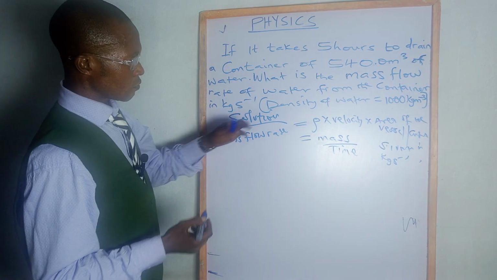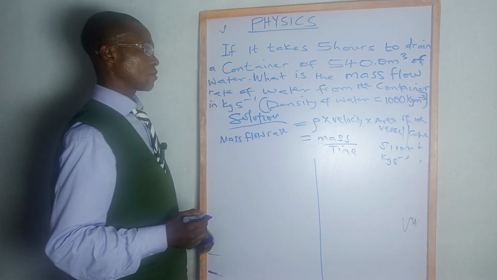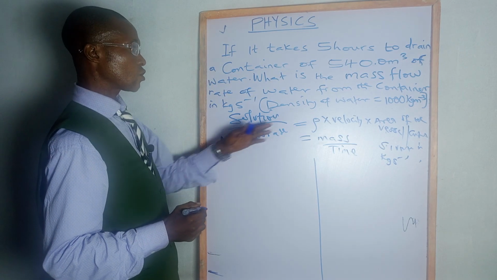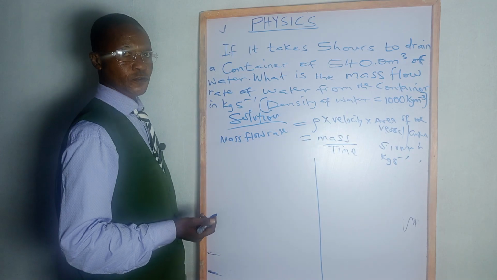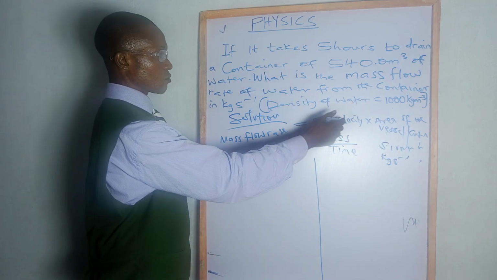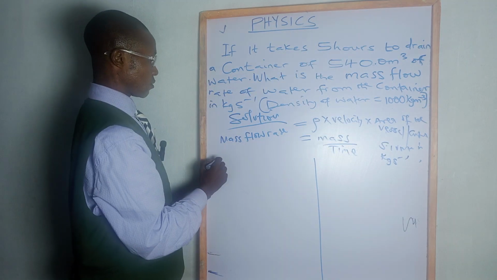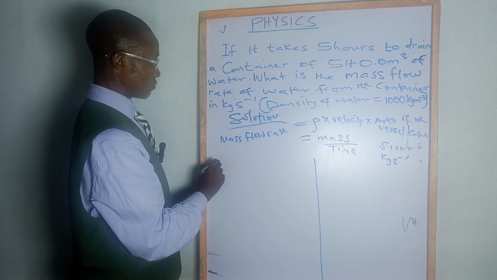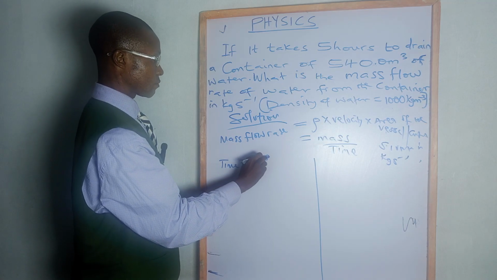Now, another question that you need to ask yourself is, which of these relations am I going to use? Which of them is suitable for us to arrive at our answer? To achieve that, you need to list out the parameters of what we are given. We are given time. Time is equal to 5 hours.